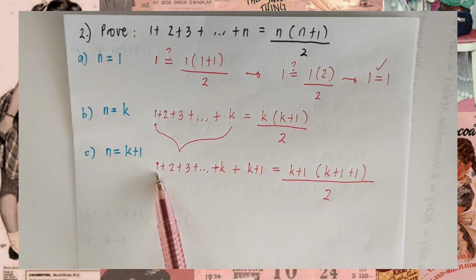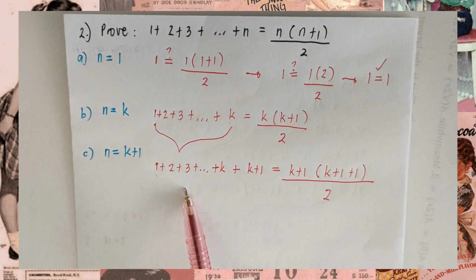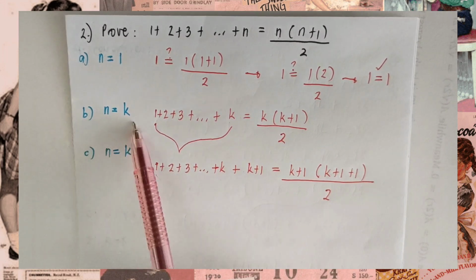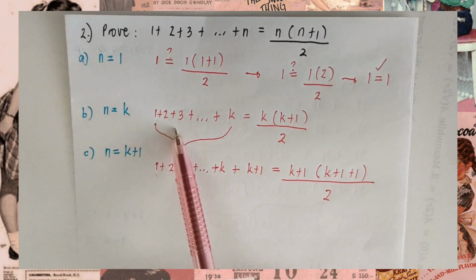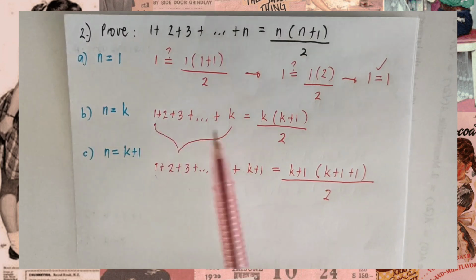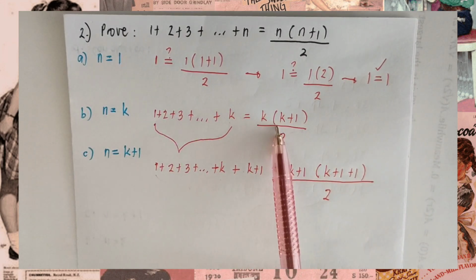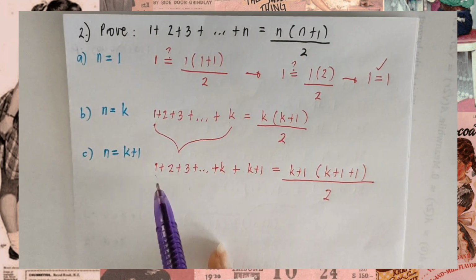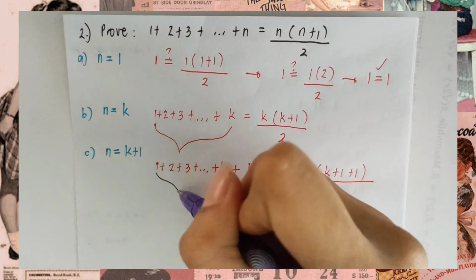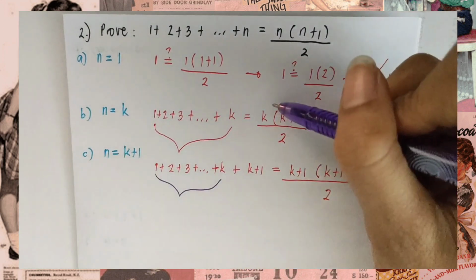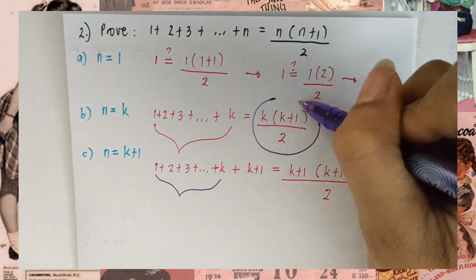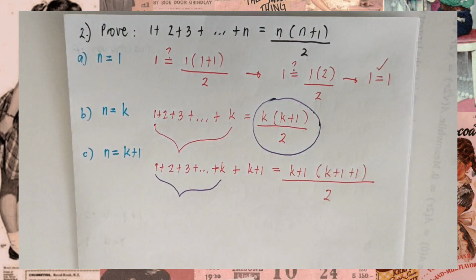Instead of writing these long steps here, by merely looking at our assumption, the left side of the equation here is the same with the right side. So instead of writing this one as a whole, we will just copy the value of the right side from our assumption.